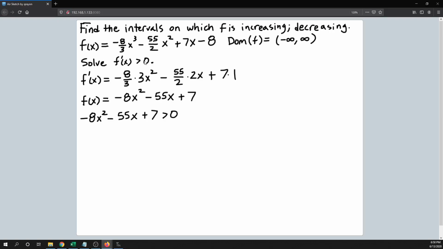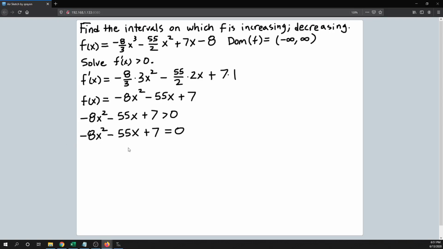All right, so that is a quadratic inequality. It's a nonlinear inequality, so you can't solve that the way you solve a linear inequality. One way to do it, the way I prefer, is just to solve the corresponding equation.